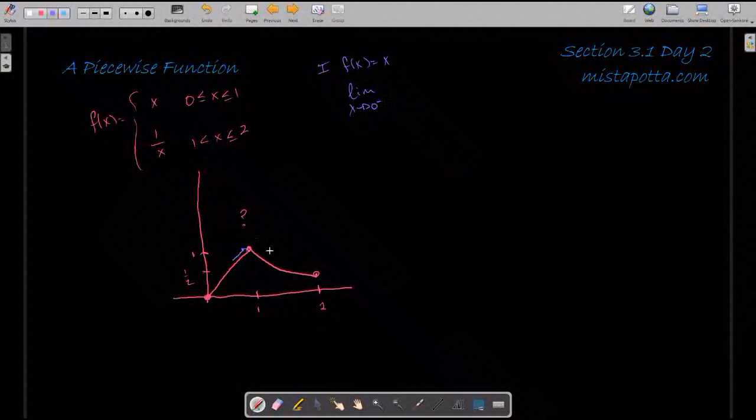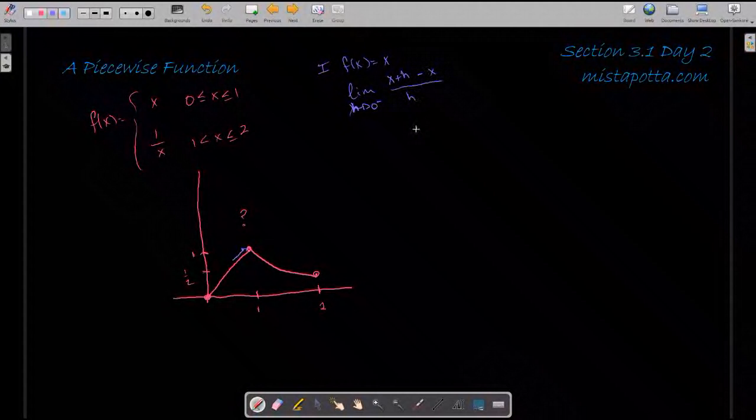I'm not looking for h values as x is positive. So I'm looking for f of x plus h, which is just x plus h, minus x over h.